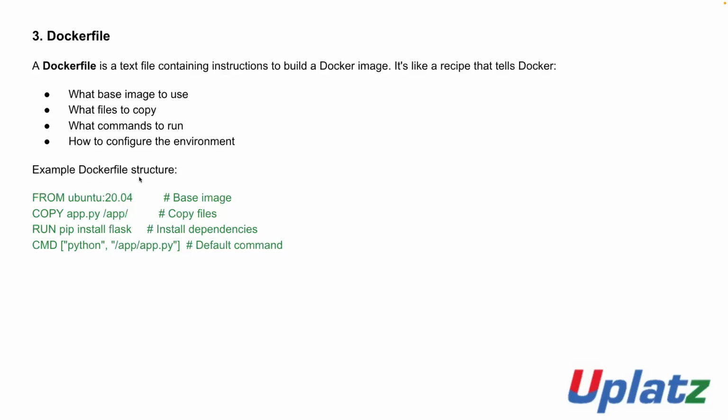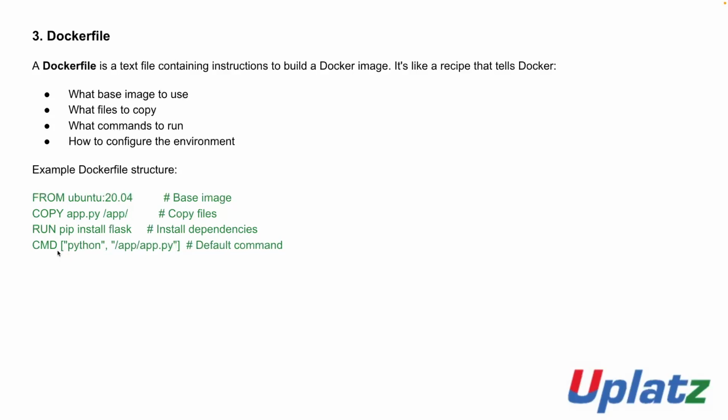Example Dockerfile structure: FROM ubuntu colon, this is the version of Ubuntu, this is the base image. Then COPY app.py to /app/, which copies files. Now RUN pip install flask, which installs dependencies. Now CMD, the main command.